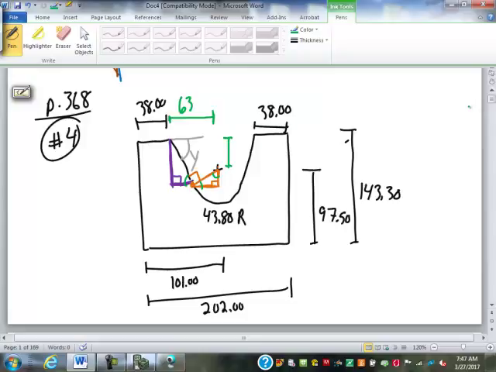Not quite, because that's not a horizontal there. We can find this dimension, the difference between the 143.30 and the 97.50.